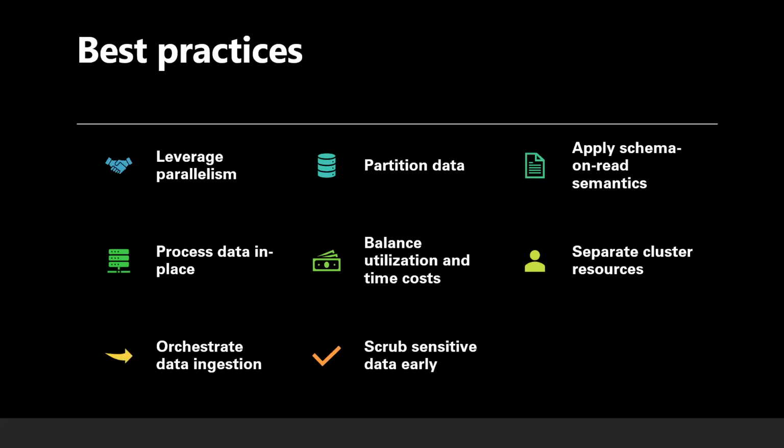And next one, process data in place. Traditional BI solutions often use an extract, transform, and load process to move data into a data warehouse. So there are a lot of ETL tools like Informatica, Ab Initio, SSIS, or Teradata utilities, which we use for the ETL process to move data into a data warehouse.